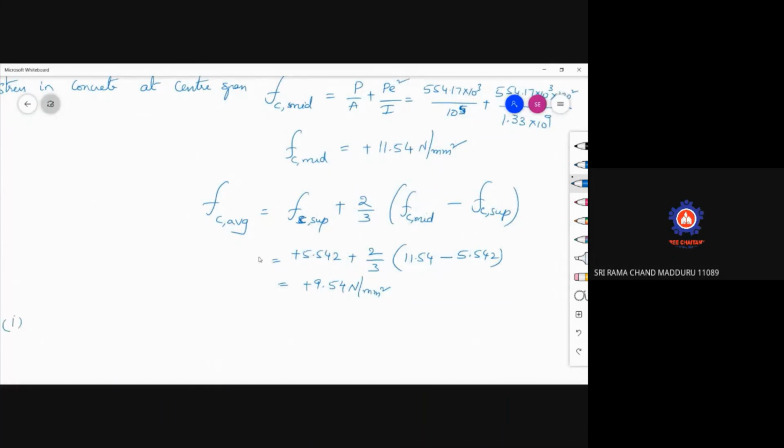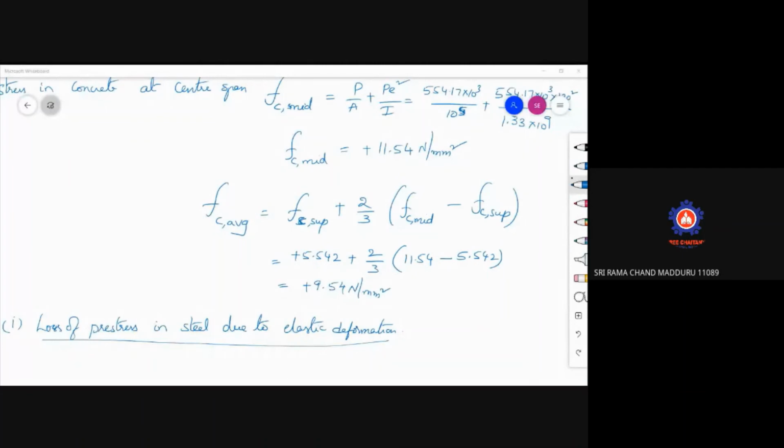Now we will calculate the first one: loss of pre-stress in steel due to elastic deformation. Regarding this elastic deformation, we remember that when post-tensioning is considered and all the wires are stretched at a time, then there is no loss.